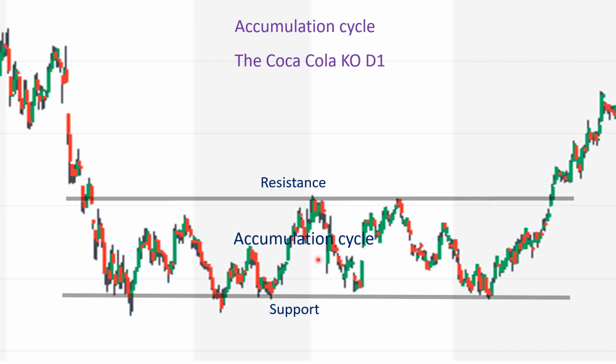The accumulation cycle is also referred to as the oversold area, as you have seen in the Wyckoff price cycle. We also see volatile sideways swings, and the price retests its low around this area.